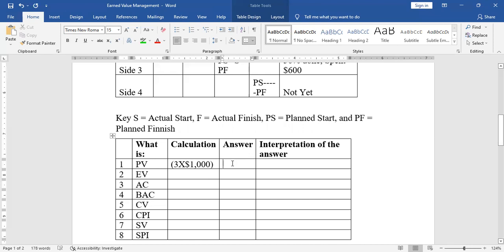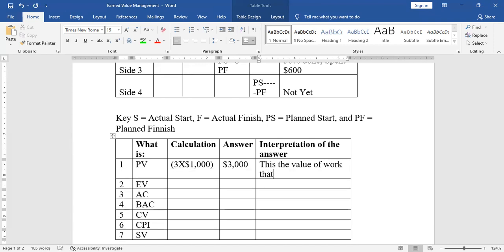Then the answer there, I'll say $3,000, 1,000 multiplied by 3 is $3,000. And then my interpretation will be, this is the value of work that should have been done by now. I'm not saying this is the value of work which has been done, but that should have been done.